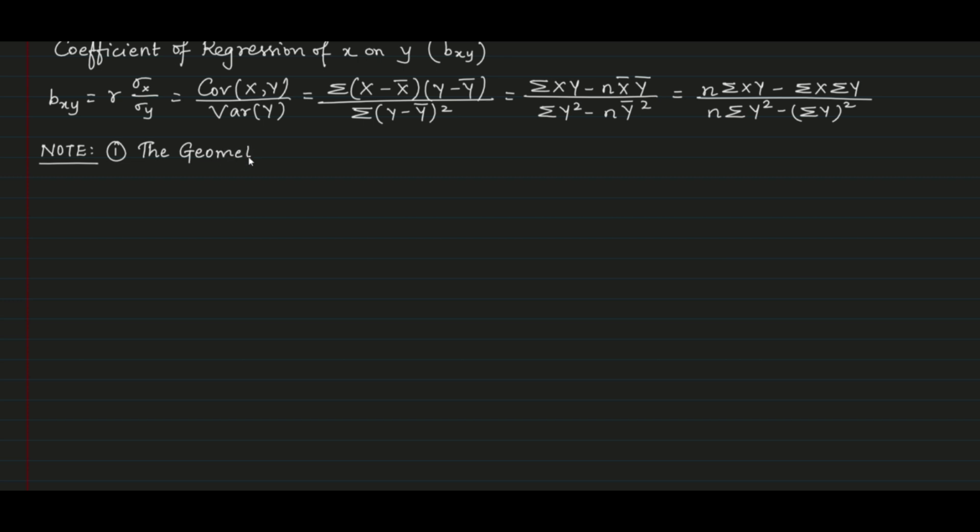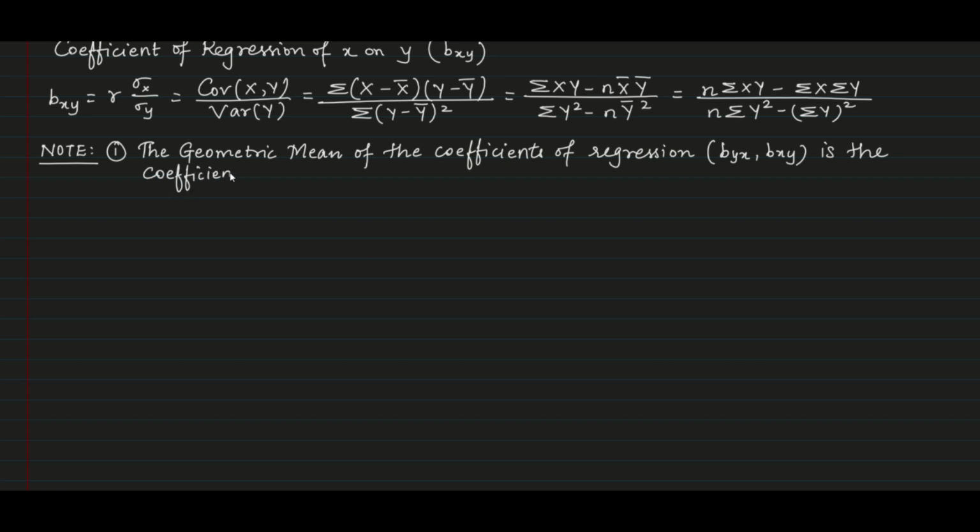The geometric mean of the coefficients of regression, that is byx, bxy, is equal to the coefficient of correlation, which is r.